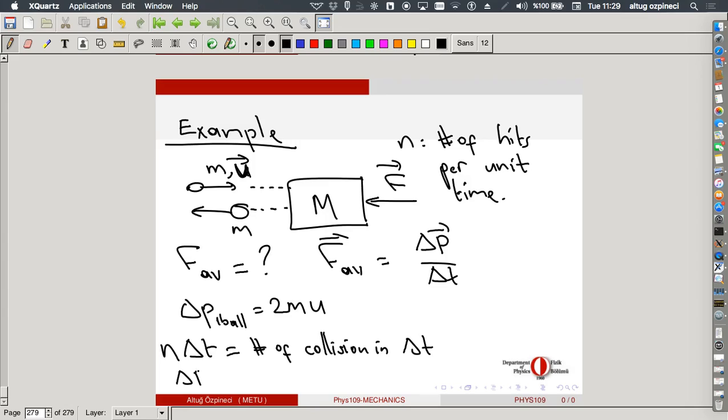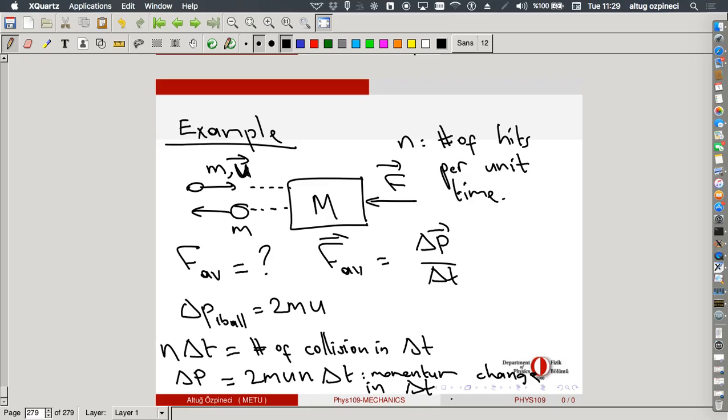So the change in momentum in delta t will be just the number of collisions times the change in momentum in each one of the collisions. It's 2mu n delta t. This is the momentum change of the balls in delta t.